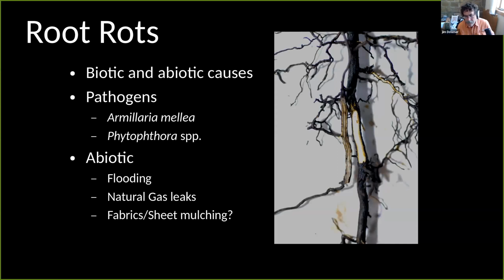So I don't think we have a lot of evidence showing that weed fabrics and sheet mulching kill roots. I don't think that's the case, but they may be contributory to abiotic conditions, especially when flooding is present.